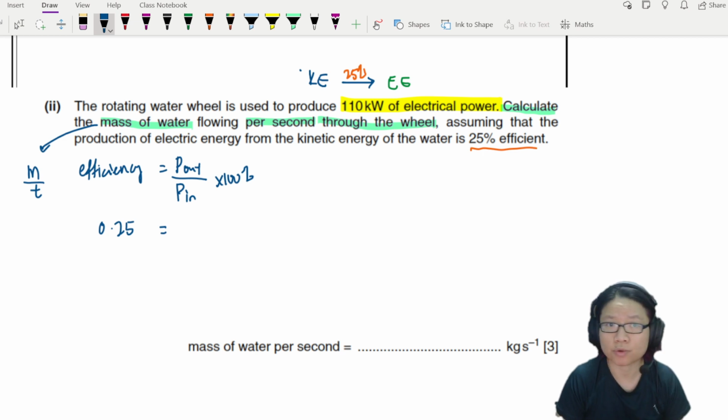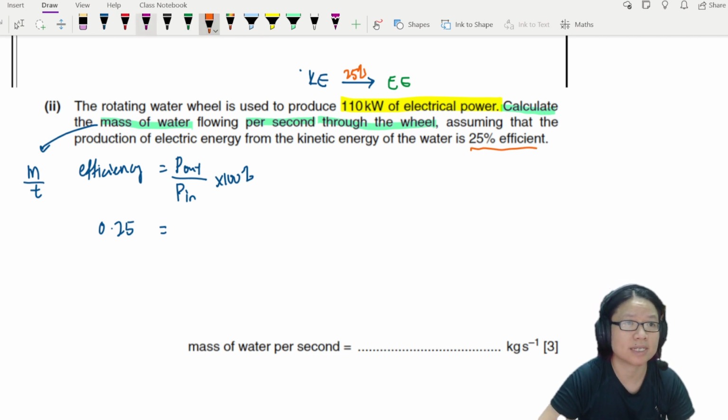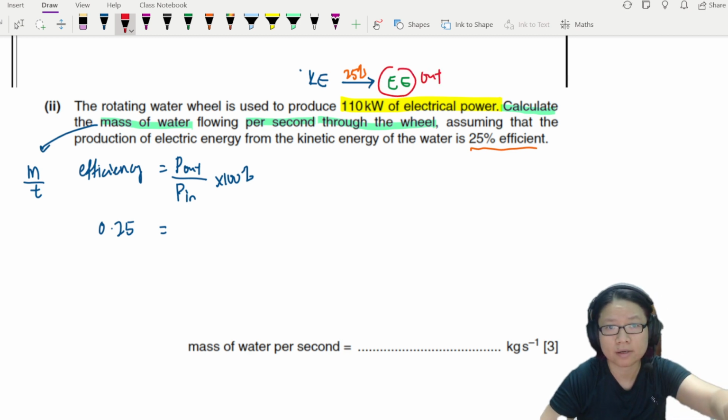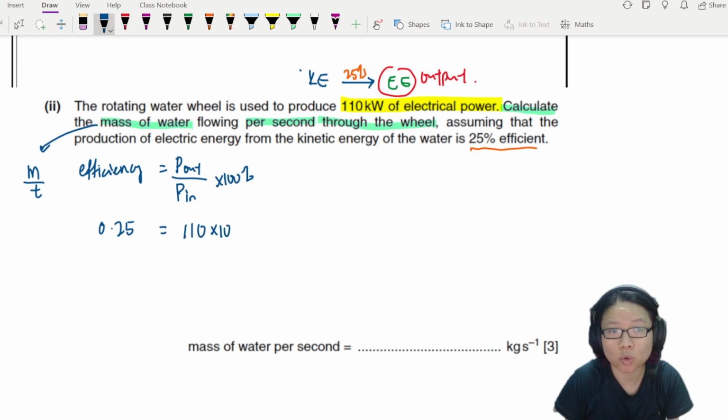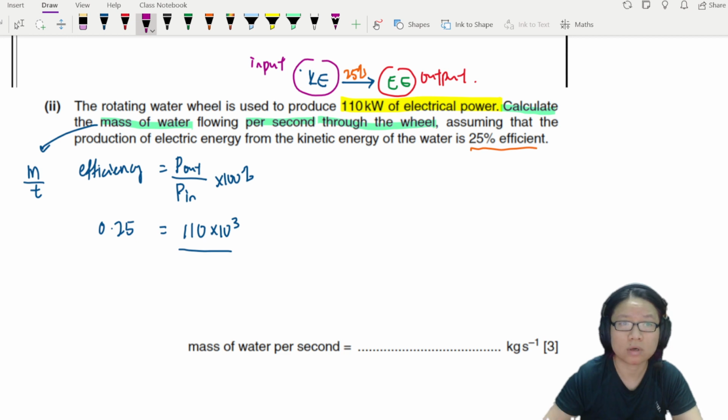But what is output? Output is electrical energy, because you're converting. So I know this one is 110 kilowatt. And what is your input? Input is kinetic energy. But they are talking about power.